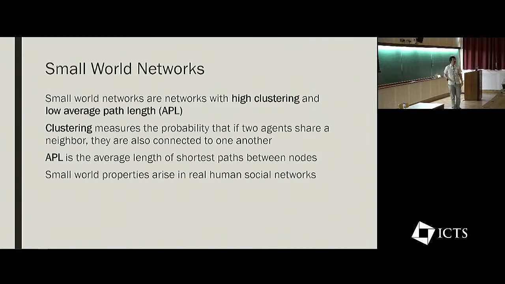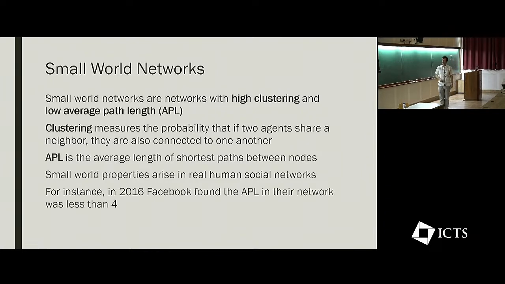Okay, and as an empirical matter of fact, if you look at actual human social networks, we find these parameters are within this small world class. One really striking example: Facebook did an analysis of their users in 2016. They had over 1 billion people, representing at that point something like one sixth of the world population.